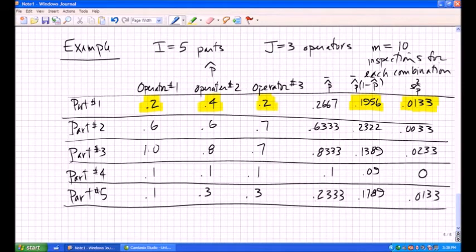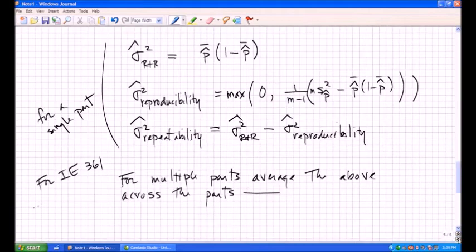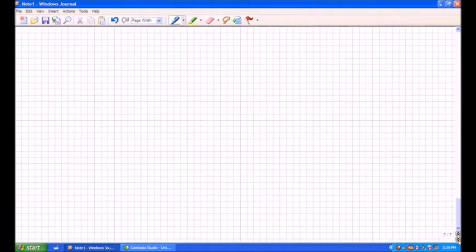Those are raw materials for making R&R calculations. We're going to make those calculations one part at a time and then average across parts. So beginning with part number 1, let's think about the estimate for sigma squared reproducibility.